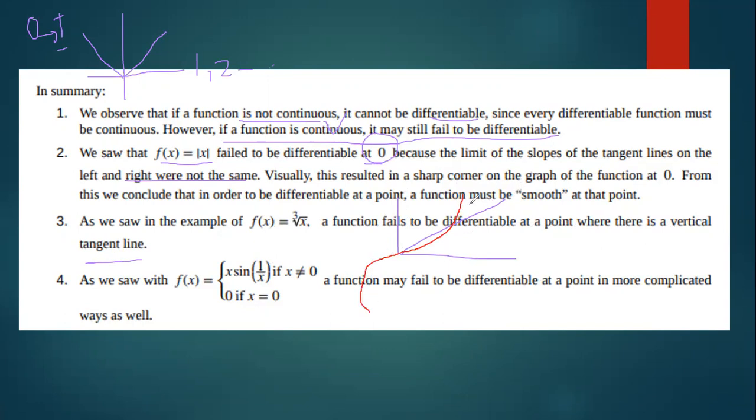Slope is for a linear system, but as it is a cube root, it must have a curve, so it does not differentiate at a vertical tangent line. And this function f of x with sign values may fail to be differentiable at a point in more complicated ways. So this is a complicated function, and we have to differentiate one by one as I did in the proof.